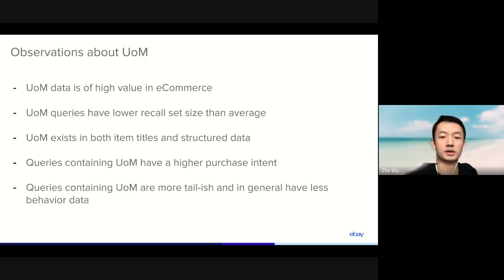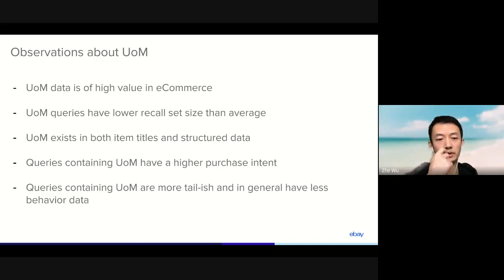Here, structured data can be seen as key value pairs. Color red is one piece of structured data. Storage capacity equal to 128 terabytes is another kind of key value pair.